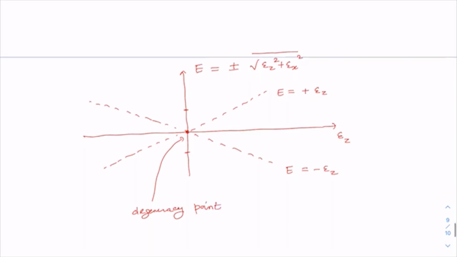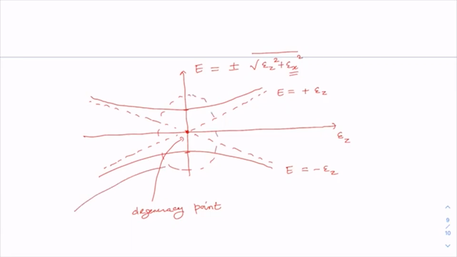But when epsilon x is non-zero, these two energy levels will no longer cross, and we will have a curve like this, which corresponds to the plus square root of epsilon z square plus epsilon x square, and another curve like this, and these two energy levels are no longer crossing. This particular area where the crossing is avoided is known as the avoided crossing.